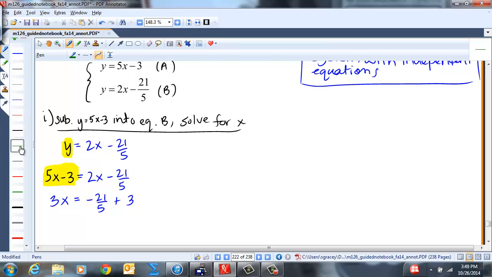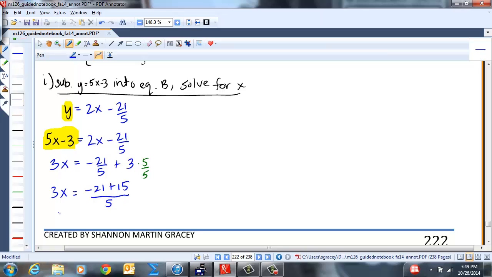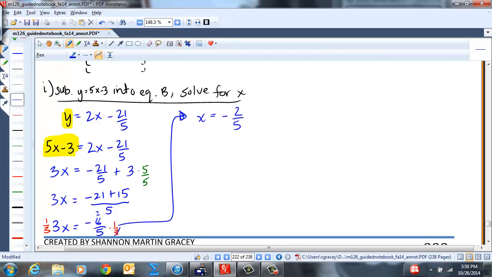Need to get a common denominator, so if I multiply by 5 over 5, we'll have 3x is equal to negative 21 plus 15 all over 5. So 3x is negative 6/5. And then if you multiply both sides by 1/3, we'll get x is equal to, we can divide out part of that, negative 2/5. All right, so far? Good.